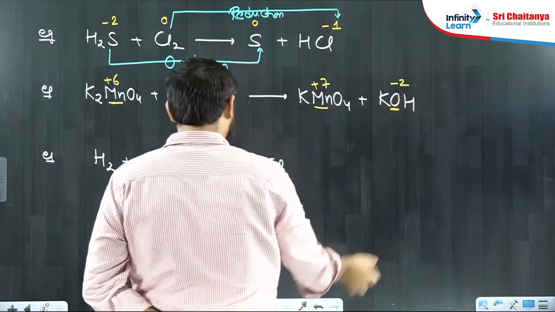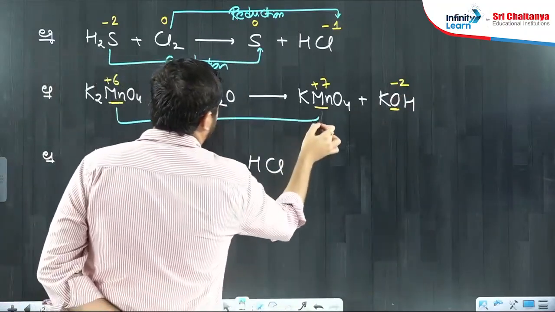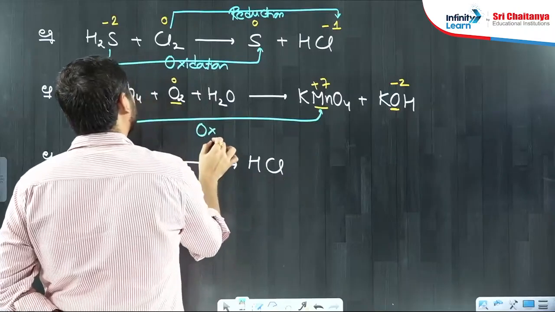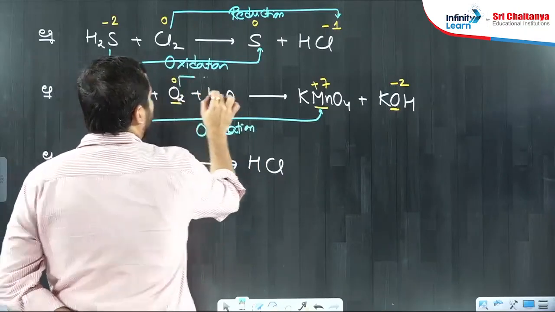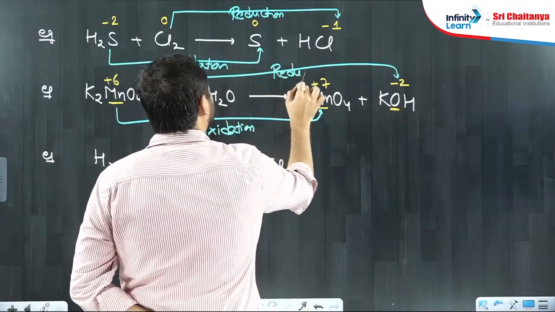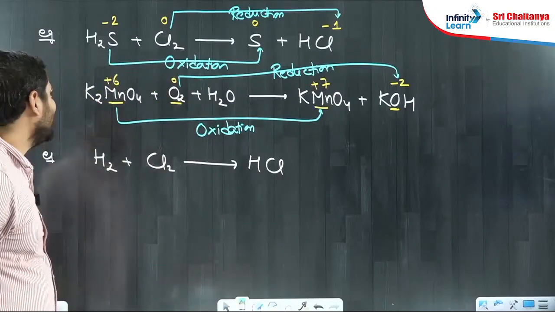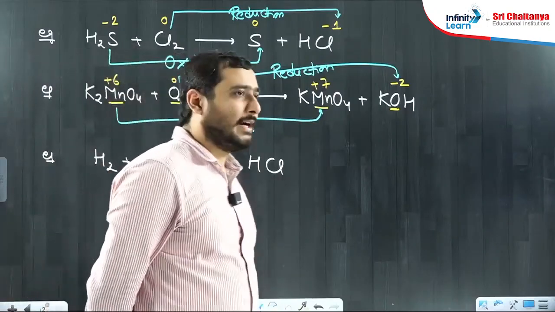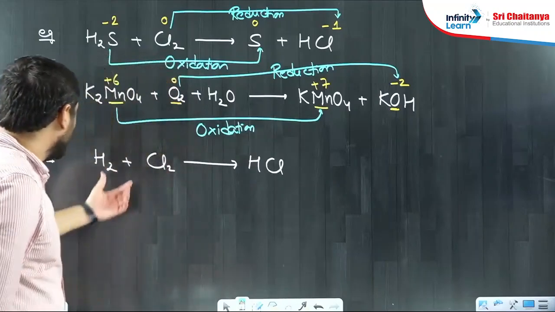Oxygen is minus 2. Now manganese plus 6 to plus 7, increase in oxidation number. So this will be termed as oxidation. Now O2 0 to minus 2, decrease. So decrease is termed as reduction. So here manganese is getting oxidized and oxygen is getting reduced.